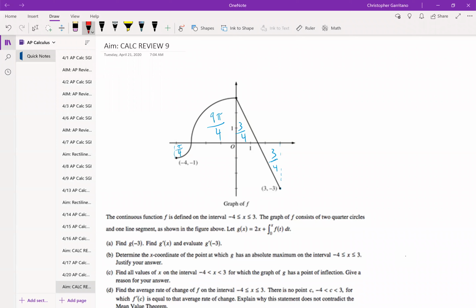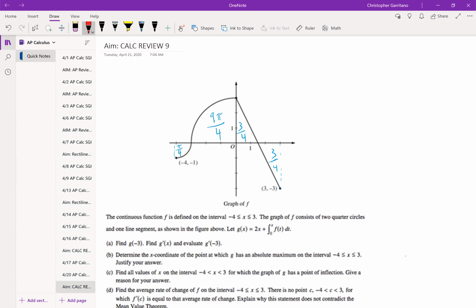Now, area under a curve when we're referring to integration could be positive or negative, and that depends on a couple of things. What is the direction of integration? So is our dx positive or negative? And is the curve under the x-axis or over the x-axis? So is the height of our curve positive or negative?